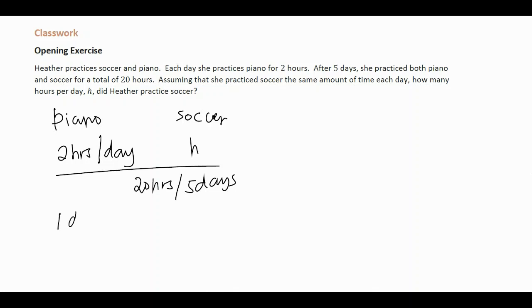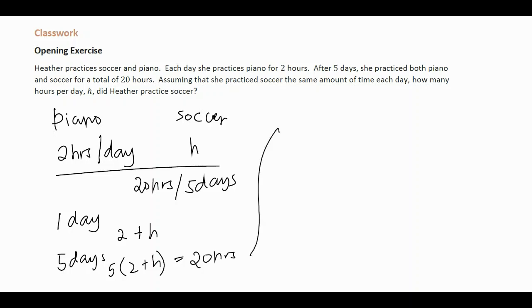So basically it means each day she does 2 hours for the piano, and then of course for the soccer. Therefore for 5 days, we have 2 plus h. We need to multiply that by 5 because it's 5 days. So 5 times (2 plus h) should be equal to 20 hours.